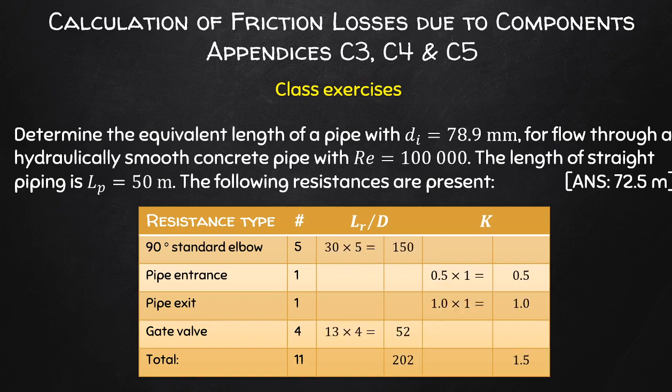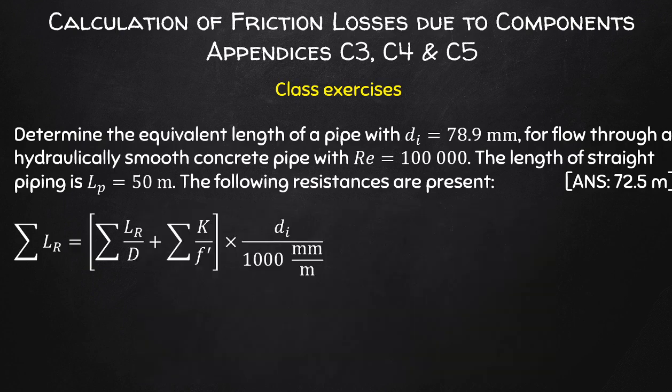First off, we find the LR over D values and the resistance coefficients that may apply. We multiply these by the number of components per resistance and then sum up the LR over D values and the K values as shown. We next divide the sum of the resistance coefficients K by the friction factor F prime and add this to the sum of the LR over D values.